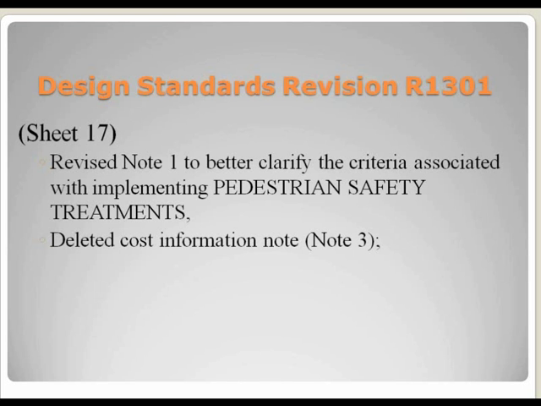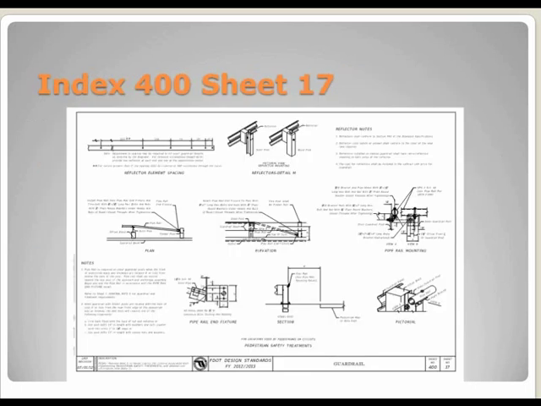According to the revision on sheet 17, we revised note 1 to better clarify the criteria associated with implementing pedestrian safety treatments. So we deleted the cost information on note 3. And this is sheet 17 here. The area that I'm talking about is down here where the notes are.